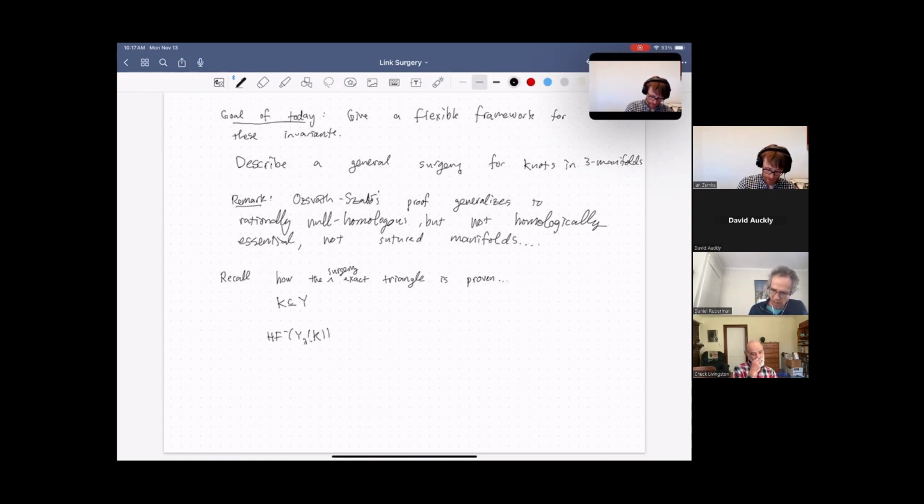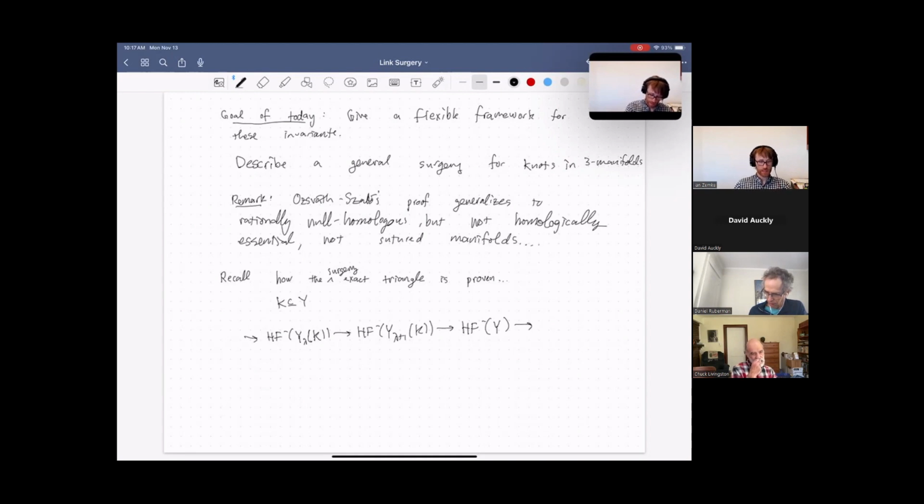So any longitudinal surgery. And then I'll go to HF minus of Y_{lambda+1} of K, and then HF minus of Y, just HF minus of Y. That's infinity surgery, I guess.